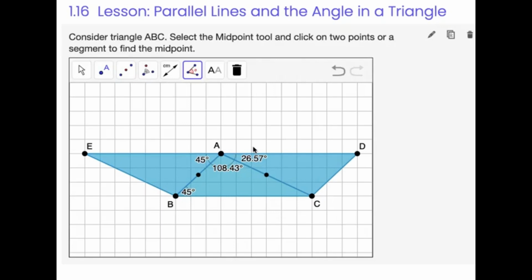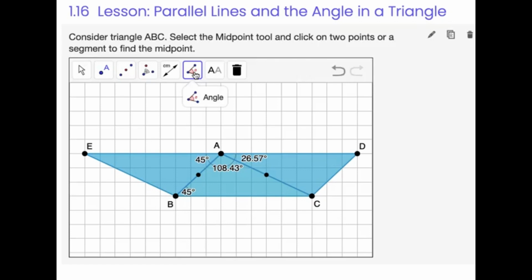The next part says, what about the measure of CAD? So the one that is 26.57 degrees. Is that the same as any of the angles in triangle ABC? Well, we know that that angle was created from angle ACB from that rotation that we did before. So those would be corresponding as well.